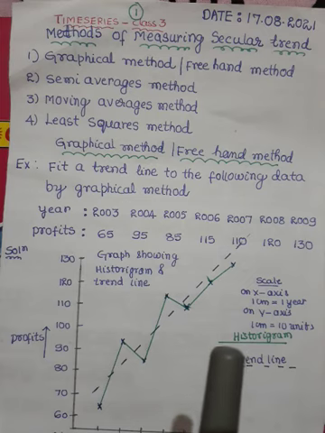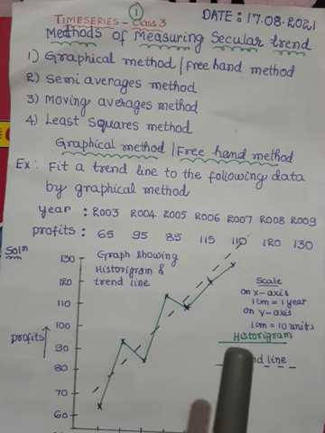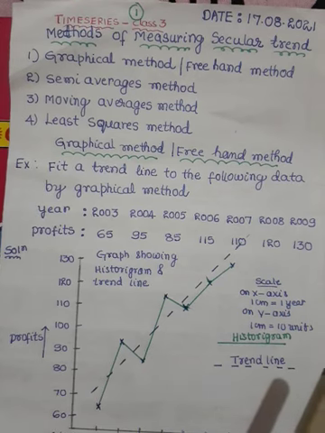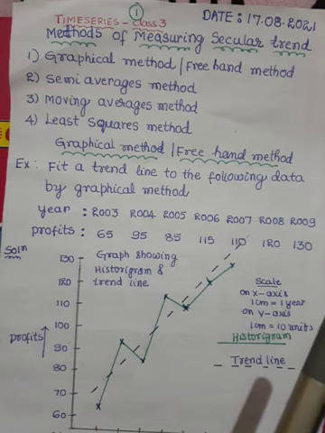We cannot forecast anything from the time series data. So, in order to get valid results, or if you want to estimate any value for a future year, the zigzag of that time series graph is to be removed. It is to be smoothened.